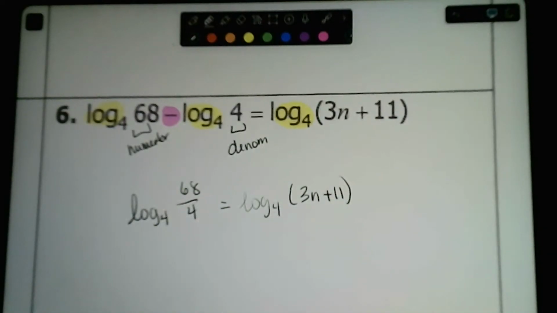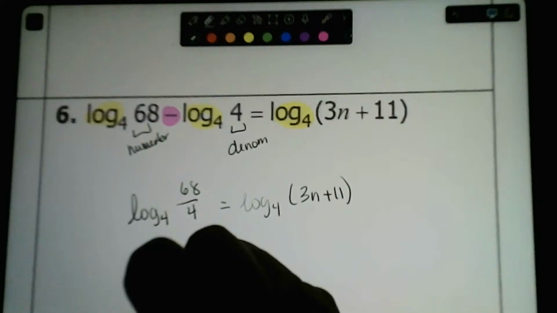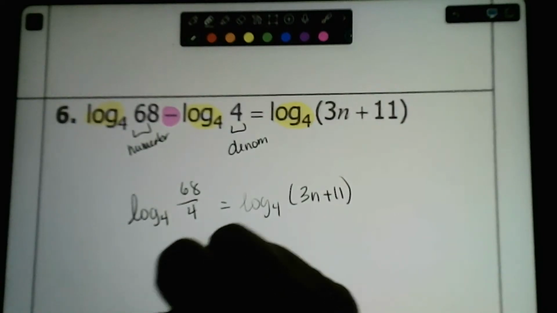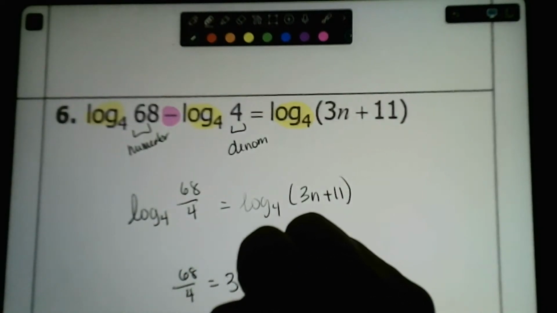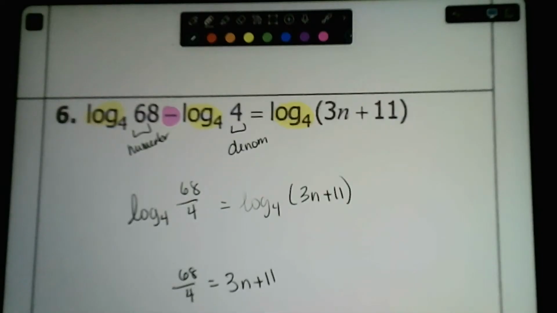From here, the rest of the steps apply in that I only have one logarithm on each side. Check. Are they the same base? Check. Which means my equation is the stuff without the logarithms. Huh? The logs don't cancel each other out.